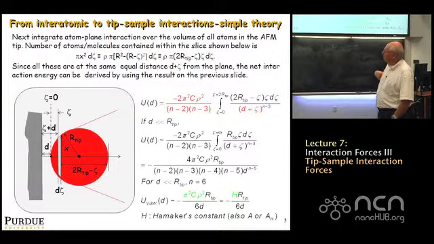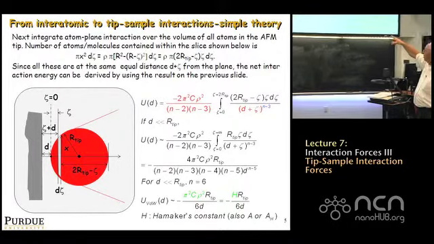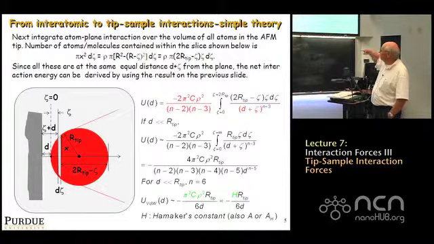In this case, you have to work out an expression for the number of molecules in this thin disk, indicated by a white slab in the middle of this sphere. The radius of that disk is x. That disk is located at a distance zeta plus d from the substrate, and you're going to integrate that disk over the entire shape of the tip, which we approximate as a sphere.